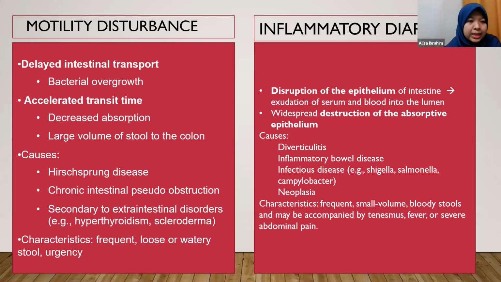But hypermotility can accelerate the transit time and decrease the absorption of nutrients, so the volume of stools to the colon increases. The causes of motility disturbance include Hirschsprung disease, chronic intestinal pseudo-obstruction, or it can occur secondary to extraintestinal disorders, such as hypothyroidism or scleroderma.